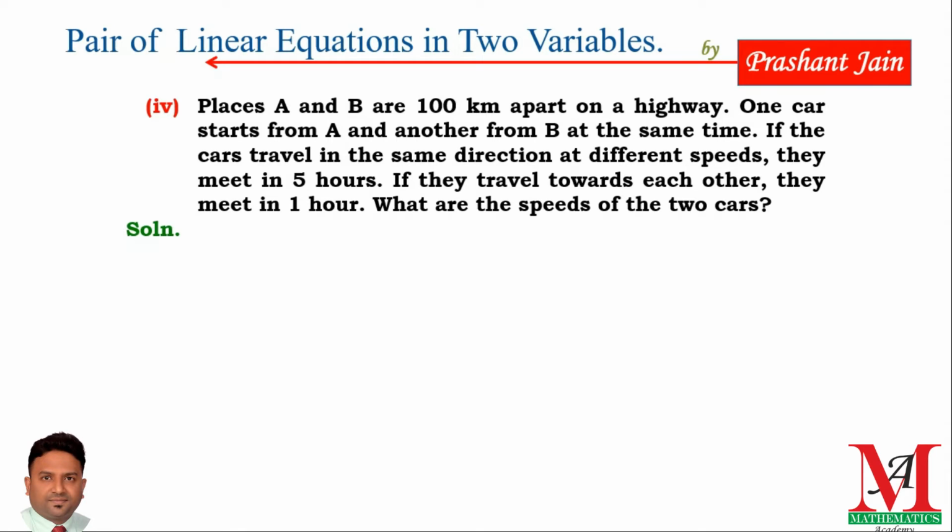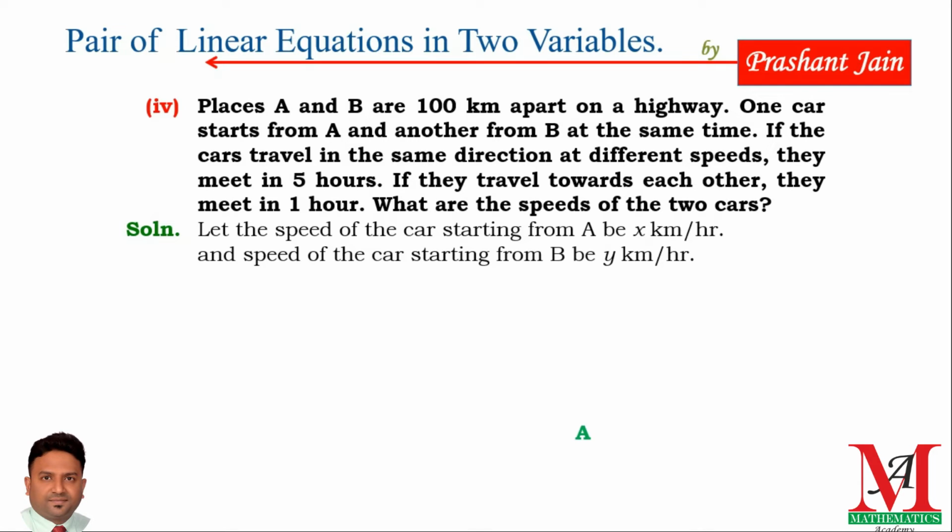First of all, let the car starting from A be x kilometer per hour. You will see point A on your screen in green. Let the speed of the car starting from B be y kilometer per hour. You also see the point B on your screen.